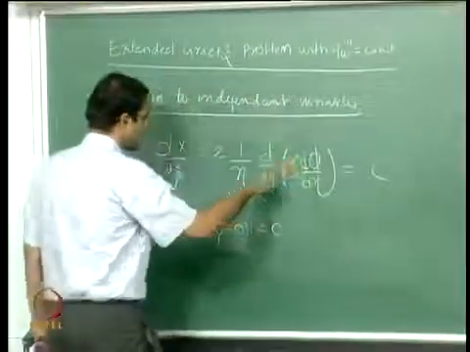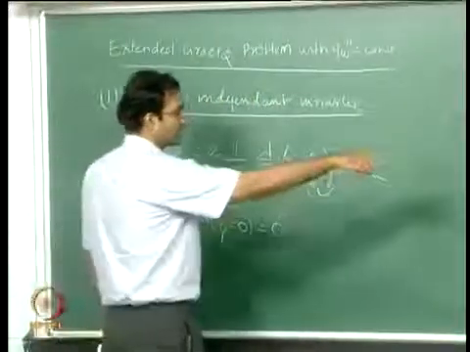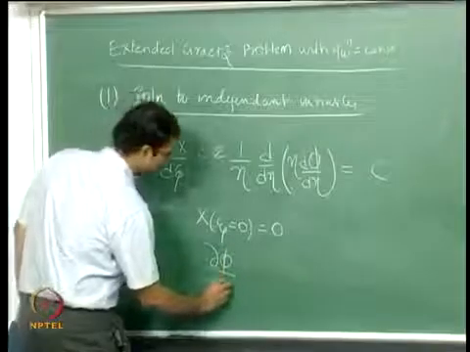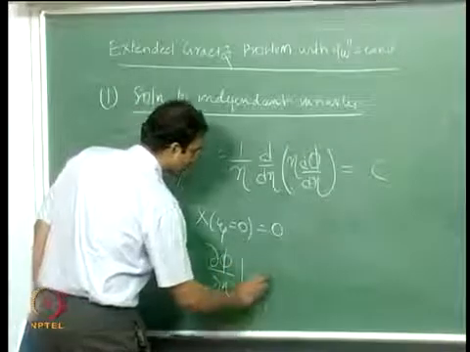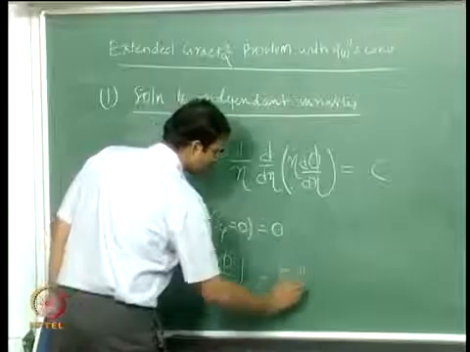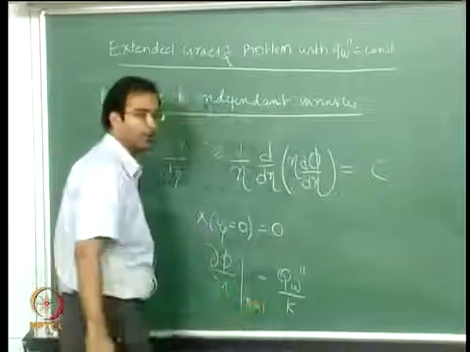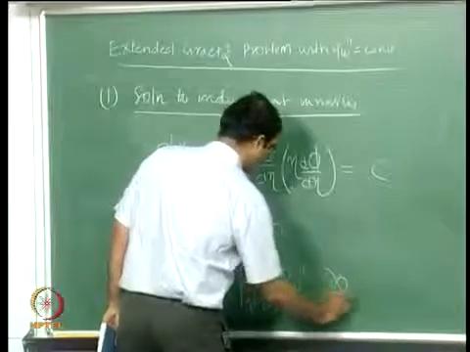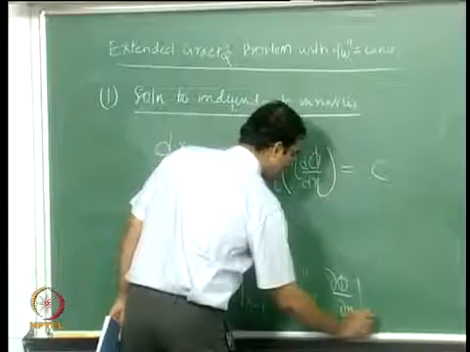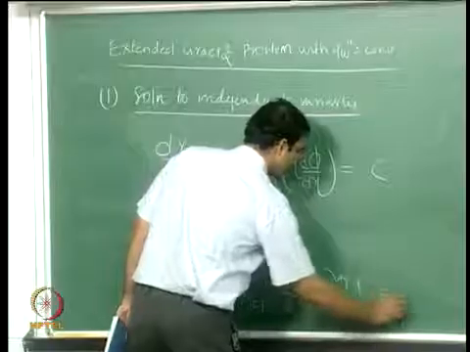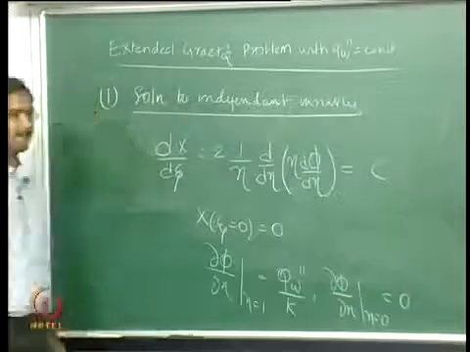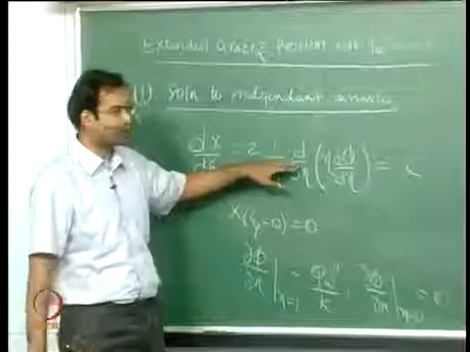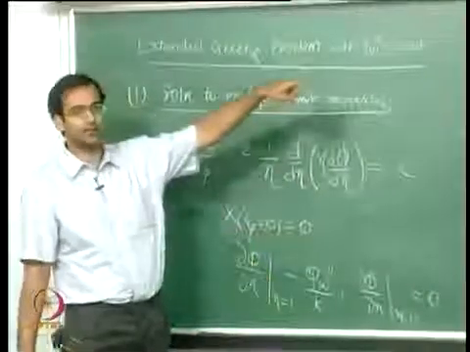Okay, and corresponding to phi you assume that your d phi by d eta at eta equal to 1 is equal to q naught by k, and the other boundary condition is your d phi by d eta at eta equal to 0 is equal to 0. Okay, so you apply these two boundary conditions to this. Now you get the point why I have written it that way.